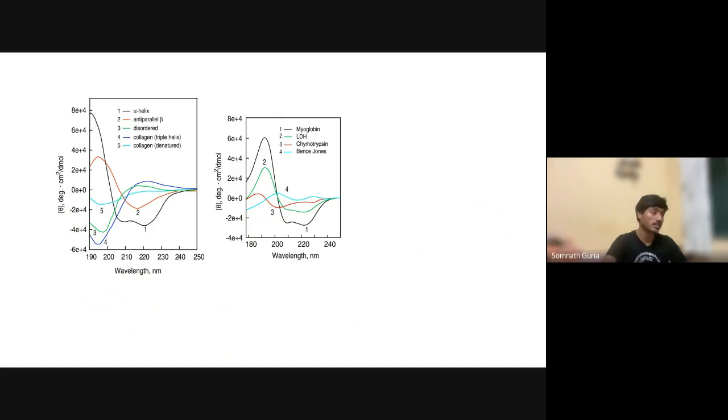One of them is shown over here, showing how the alpha helix, antiparallel beta sheet, distorted beta sheet, collagen triple helix, and denatured collagen look. All those protein structures show their own CD.